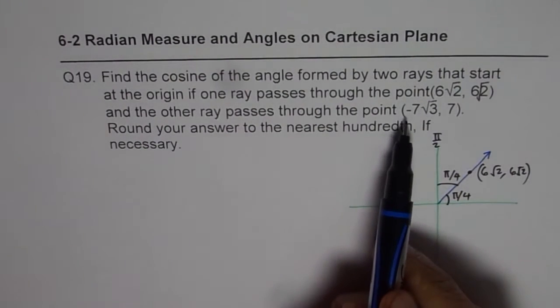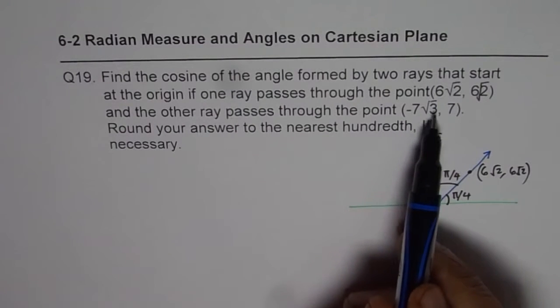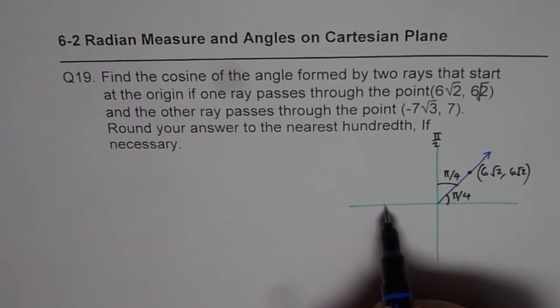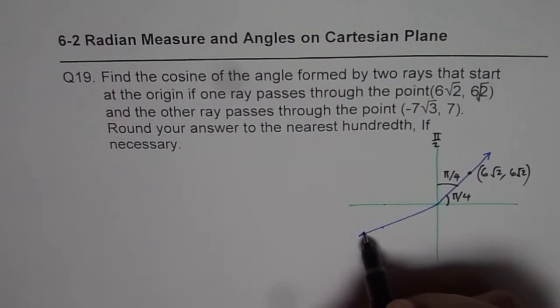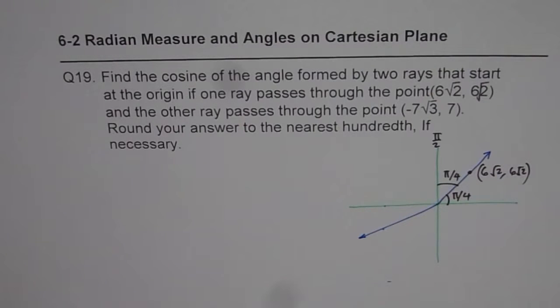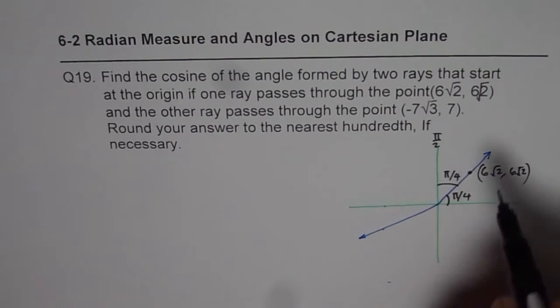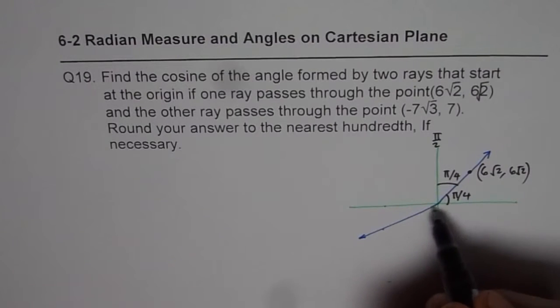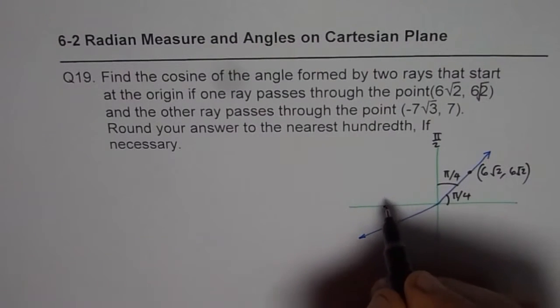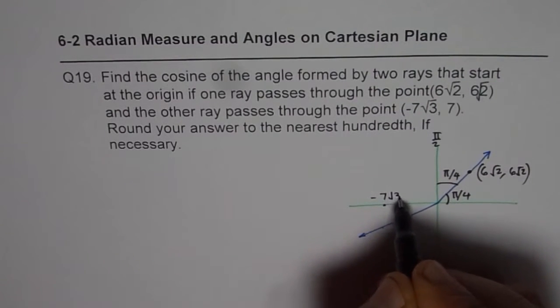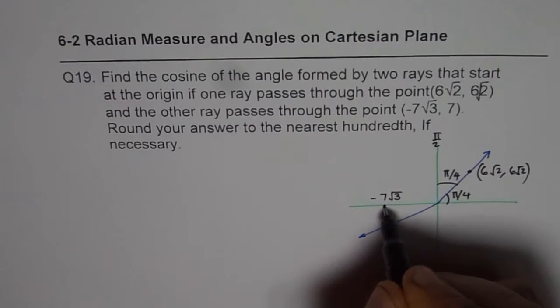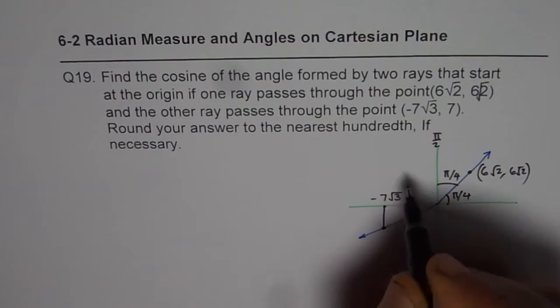It passes through minus 7 square root 3 and 7. That means this side is longer than the y value. So the ray will be going like this. If we are taking this as, let us say, 7 square root 3, since it is on this side, we say minus 7 square root 3, and the y value here will be 7.